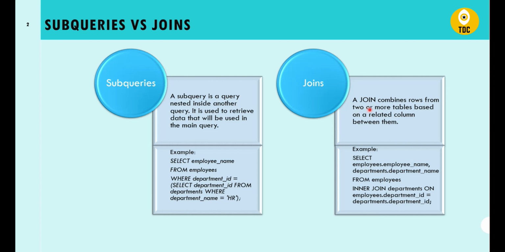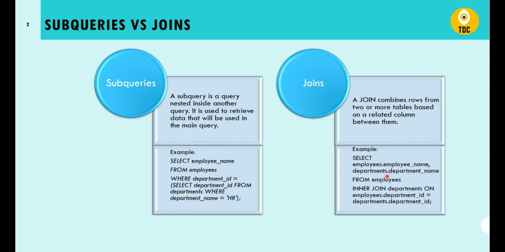A join can happen only when there is a related column between them, just like a foreign key and primary key, or some relationship based on keys. It can look something like this: you select columns from the employee table, then do an inner join on the department table, on employee.department_id equal to department.department_id.